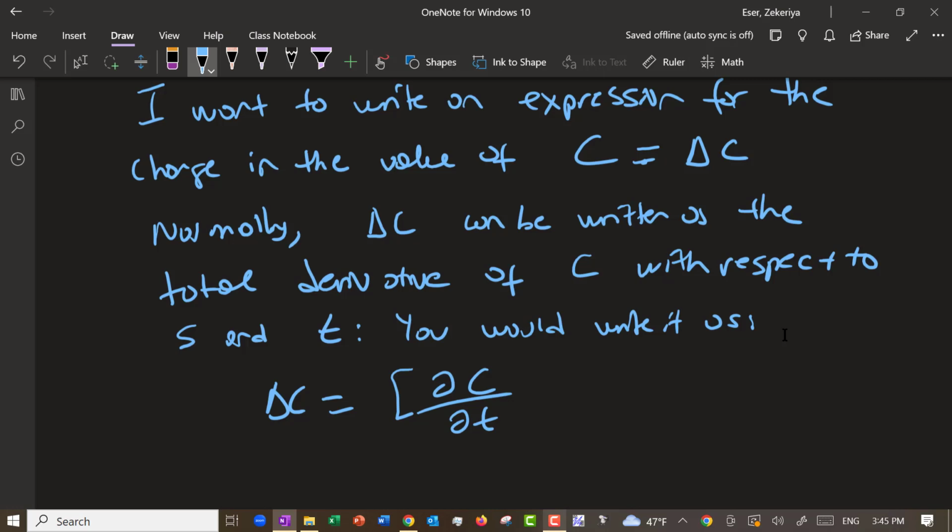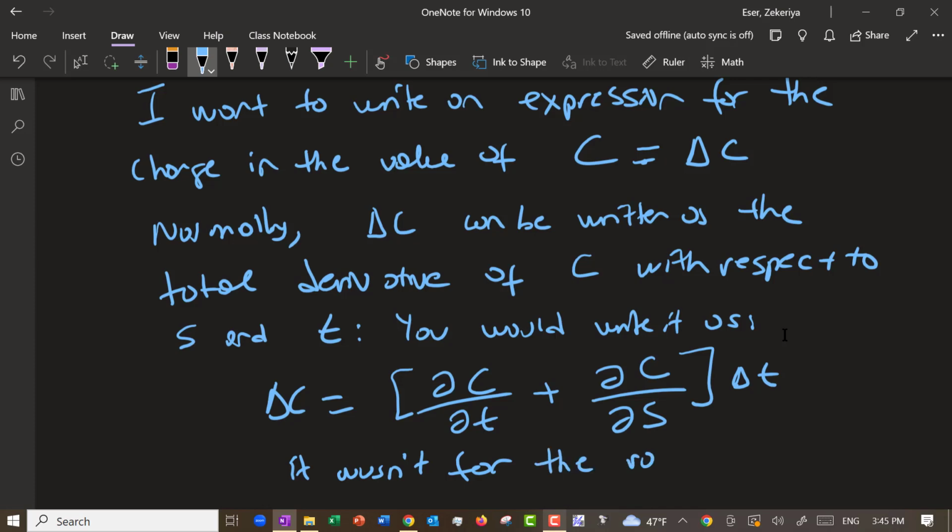That's what the curly d means: take the derivative of the function, keeping everything else constant, plus the derivative of that with respect to S times delta S, plus sigma times... or that would be it, if it wasn't for the random component.